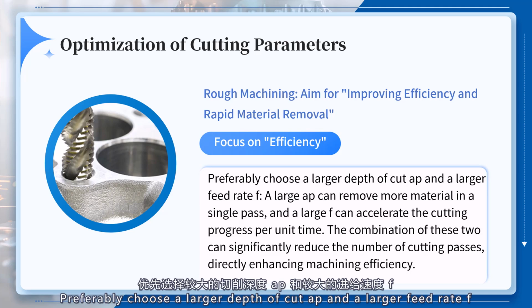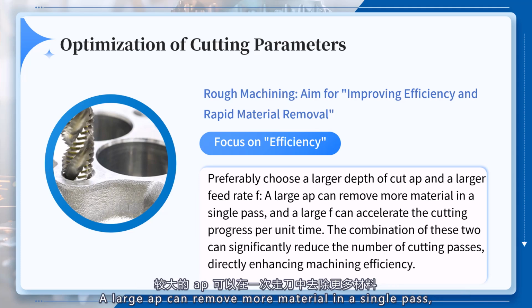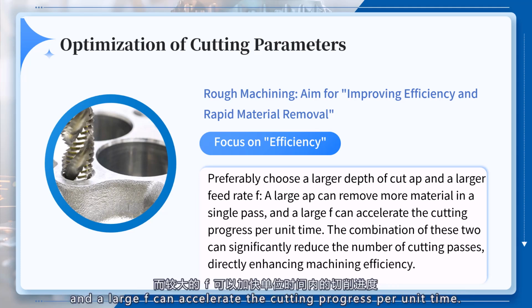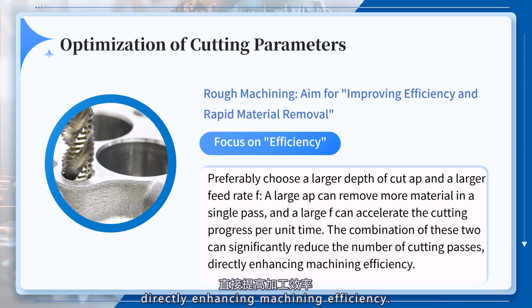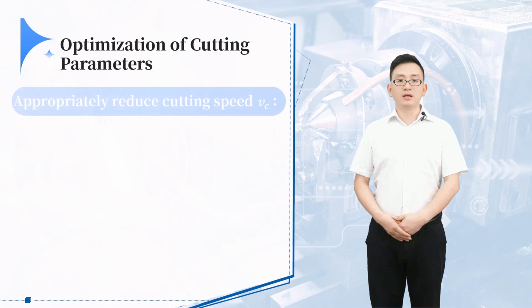Preferably, choose a larger depth of cut AP and a larger feed rate F. A large AP can remove more material in a single pass, and a large F can accelerate the cutting progress per unit time. The combination of these two can significantly reduce the number of cutting passes, directly enhancing machining efficiency.